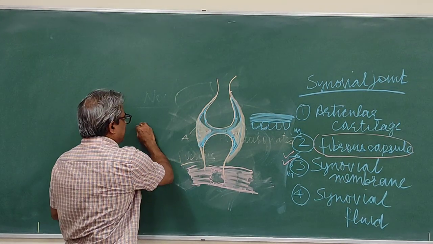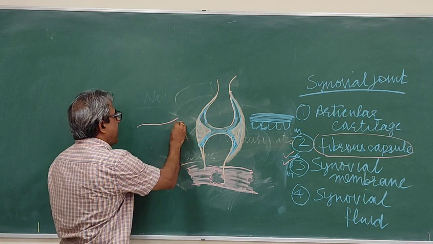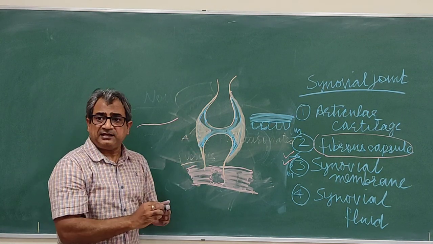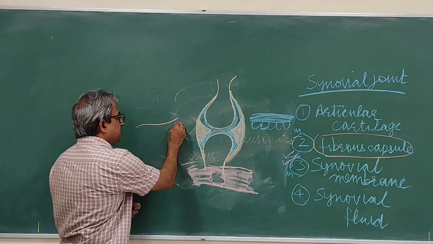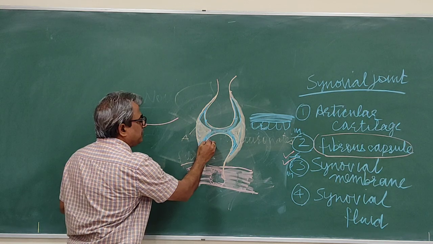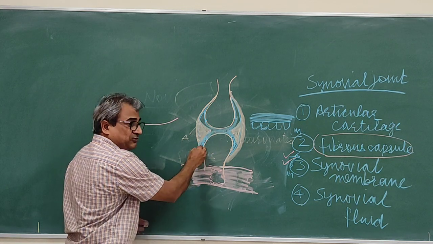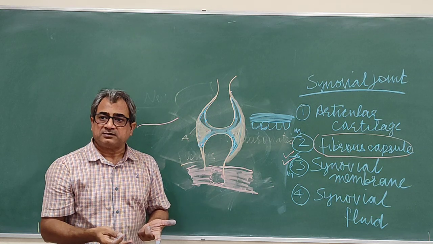Say this is a synovial membrane, and as wear and tear takes place due to the movement of the articular cartilage, the debris formed will collect where there is least movement, right?